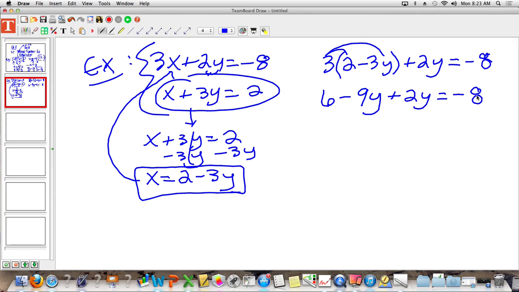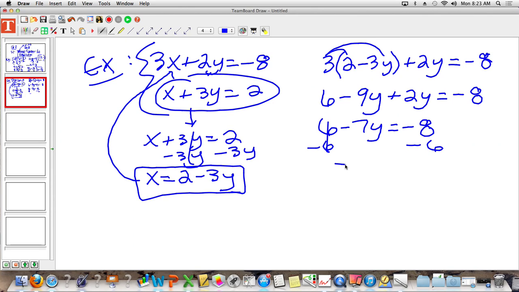Combine your y's. So we're going to have 6, -9y and 2y combined together give you -7y, equals -8. Subtract, what am I going to subtract now? Subtract the 6 from the left, subtract the 6 from the right.